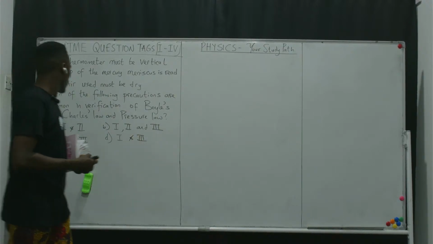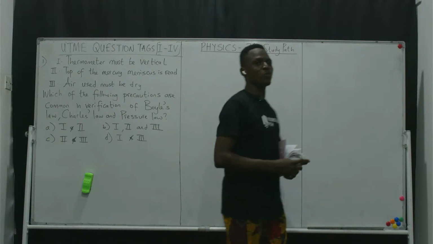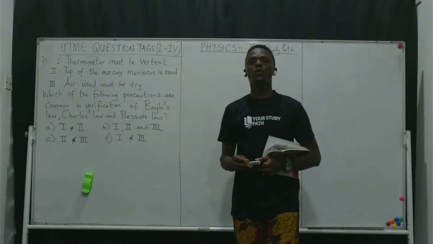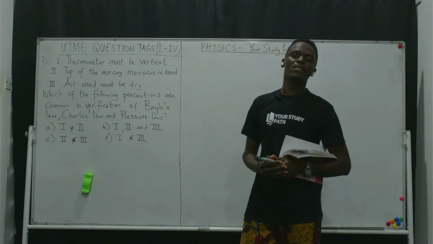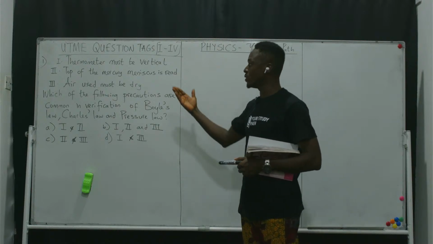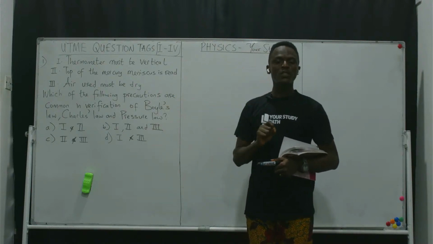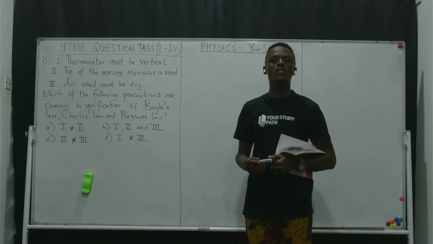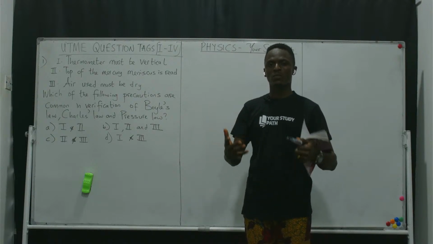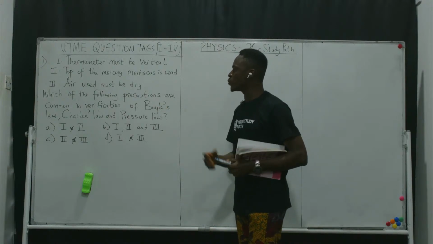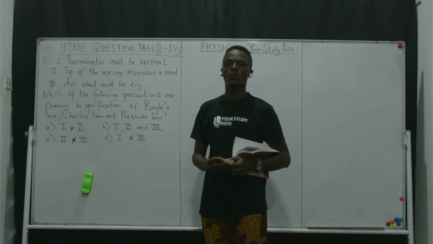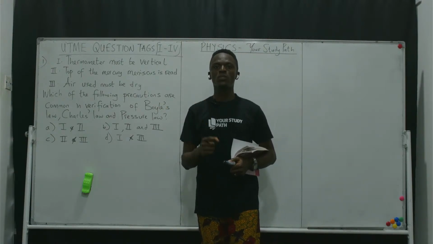Now, looking at all this, we have various options before us, and we have to be careful in picking our answer. Remember, time is not on our side, so we cannot dwell too much on one question. 40 seconds it is. In our own case, we'll be targeting 1 minute for the explanation as to why we are picking answers. Whenever we are talking about Boyle's law, Charles law, and pressure law, there are certain precautions you want to keep in mind.